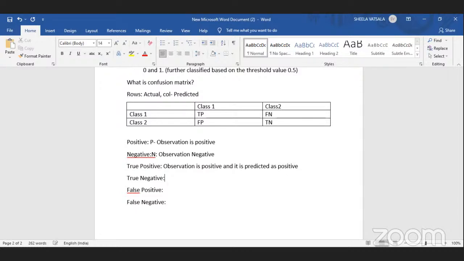True negative is when the observation is negative and it is predicted as negative.